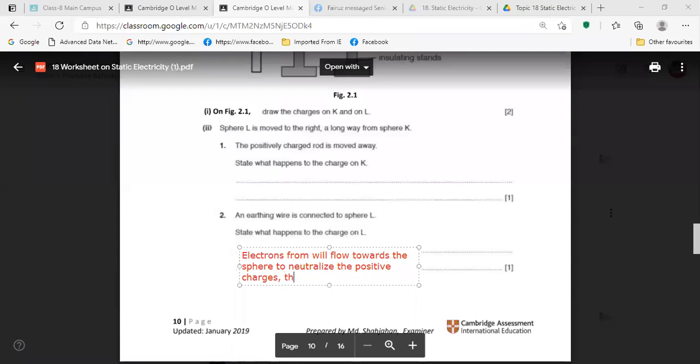The sphere becomes uncharged. Okay, the information given by Monica, I'm also adding that. Whatever we wrote before the comma is all right to get the mark, but this one is more explanation. We are keeping Monica's point as part of our notes. That's why I included it.